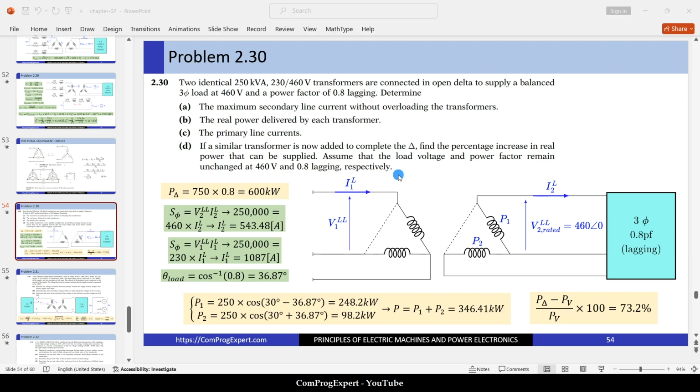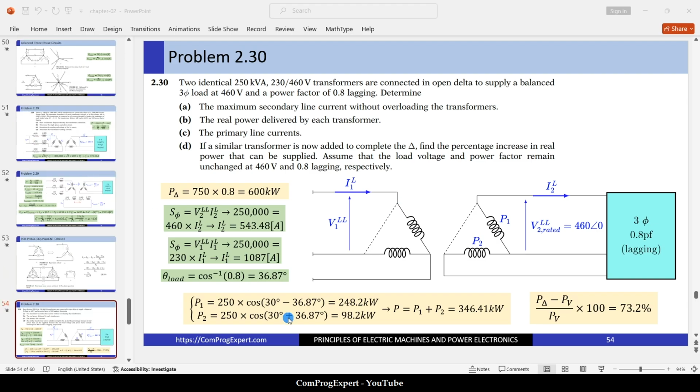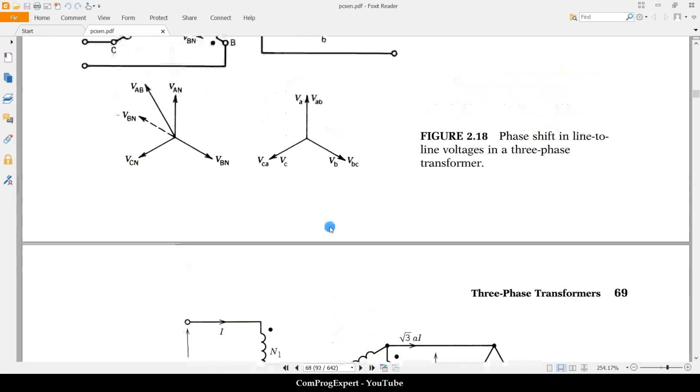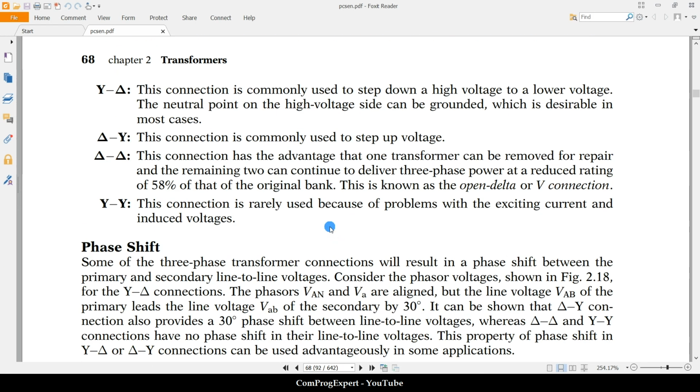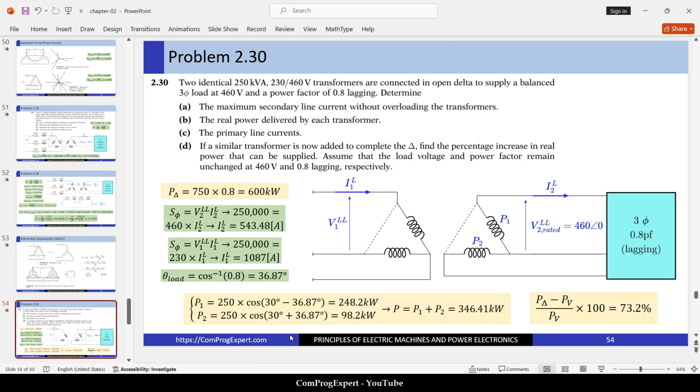Yes, this is a special connection, right? For the delta connection, this connection has the advantage that one transformer can be removed for repair, and the transformers can deliver the load in V connection format.